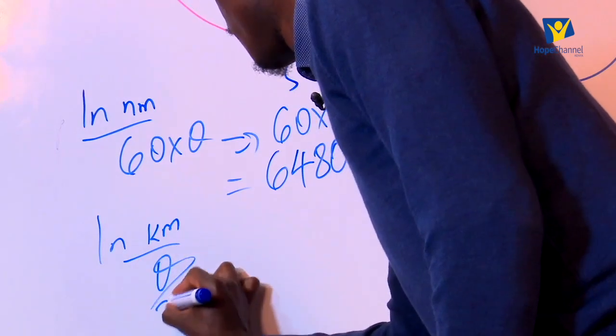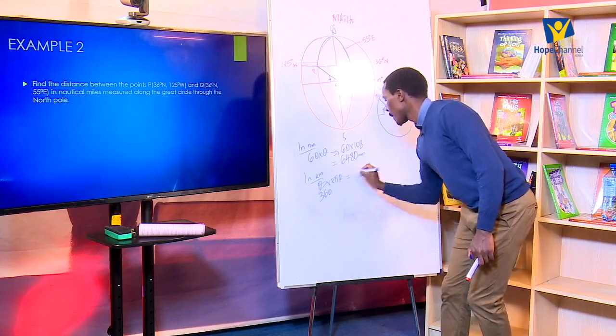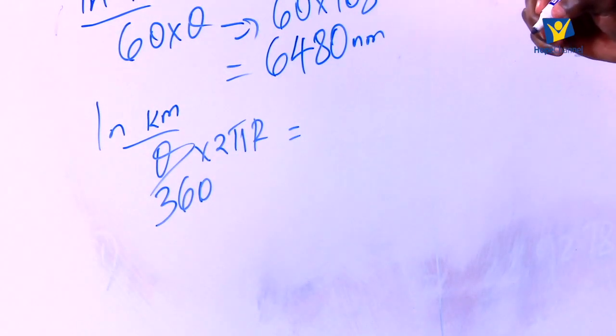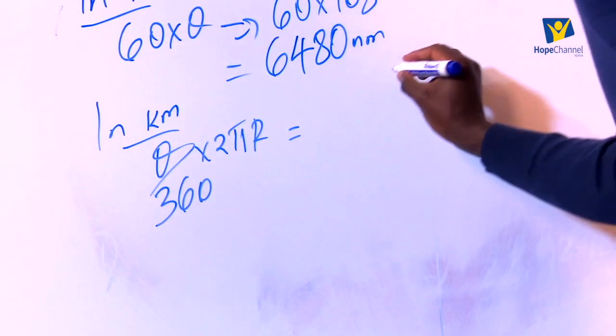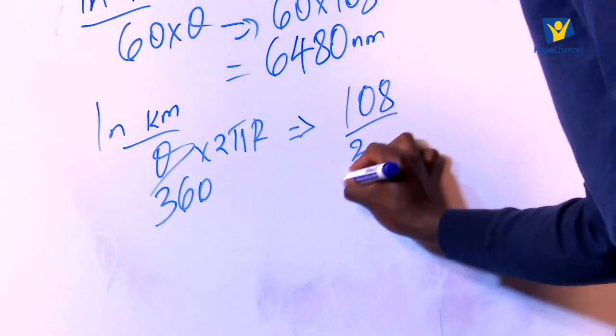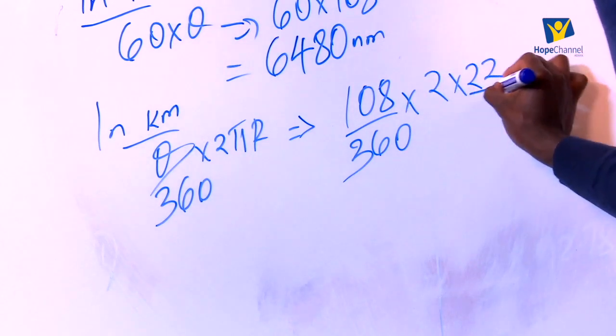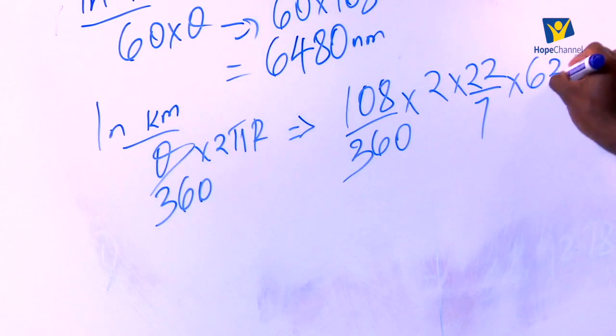But if it is in kilometers, we'll have it as theta over 360 times 2 pi r. That gives us 108 over 360 multiplied by 2 by 22 over 7 multiplied by 6370.